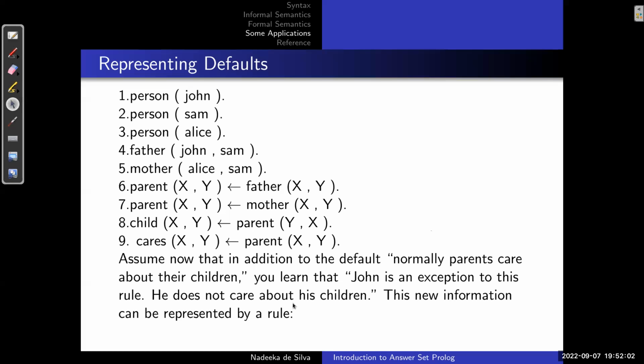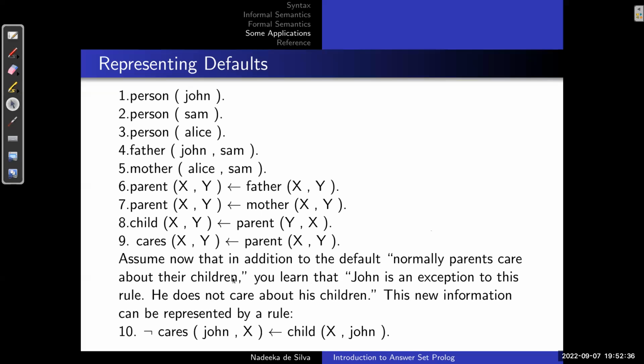This new information can be represented by a rule like this: John does not care about his children. I can include this rule. But now there is a problem, because rule 10 contradicts rule 9 and my program will become inconsistent. So if I follow this pattern, I cannot represent this type of knowledge.